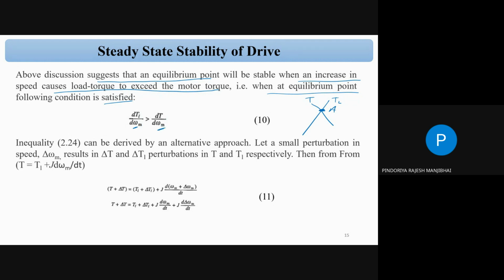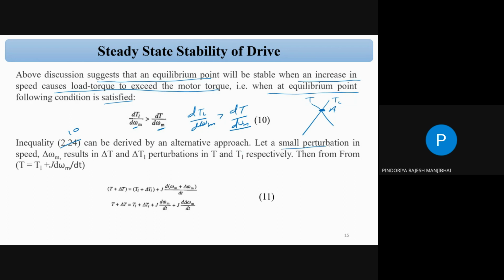Whatever you change in the speed with respect to torque, that is d TL, load torque, divided by d omega m, is greater than dT upon d omega m. This is the inequality of equation number 10, not 2.24. This can be derived in an alternate approach.